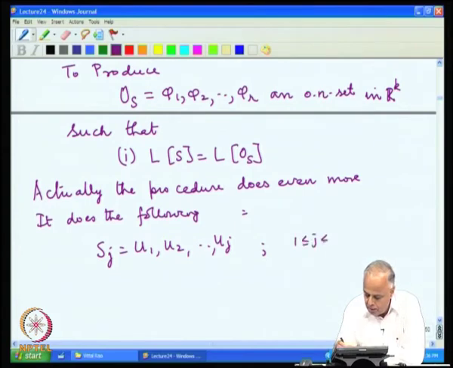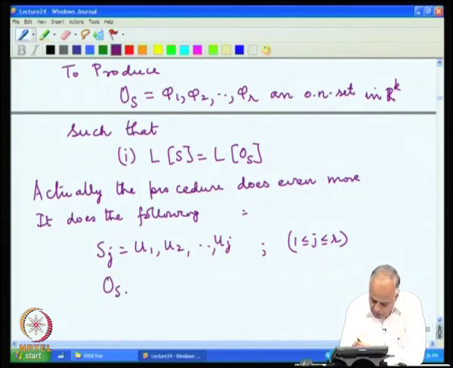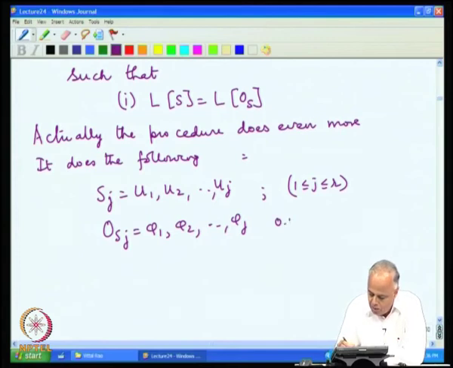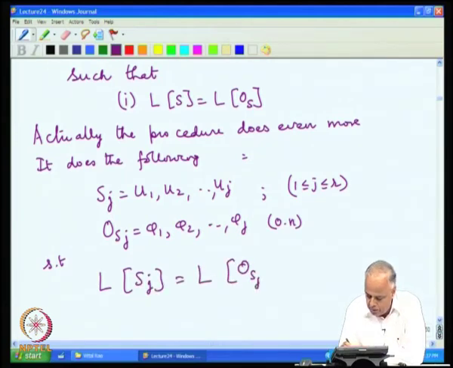So, j has to be something between 1 and r. Then correspondingly we will construct OSj, which is phi 1, phi 2, up to phi j, the first j vectors that we construct orthonormal, such that the space spanned by Sj is the same as the space spanned by OSj.